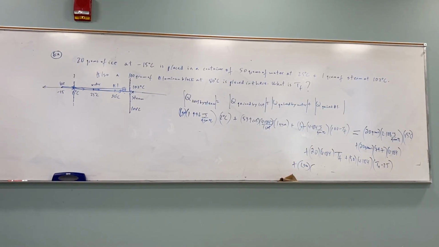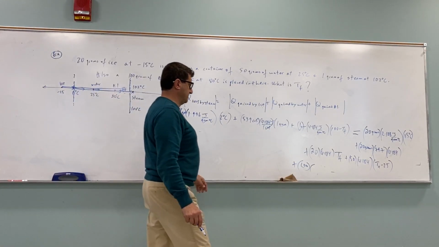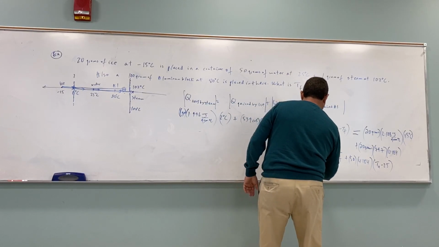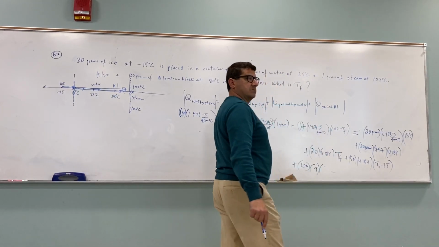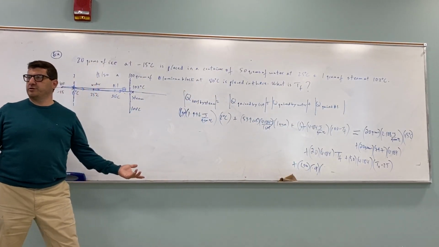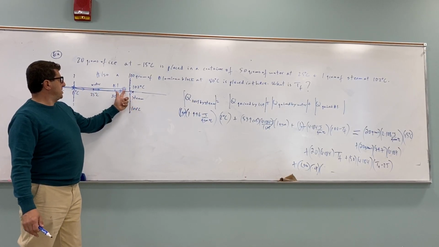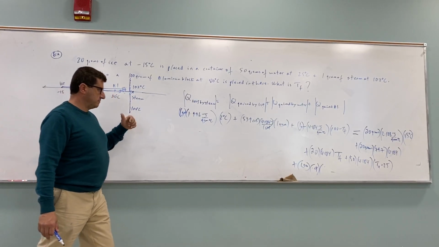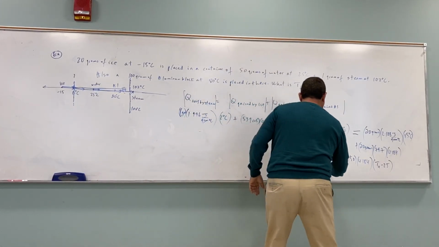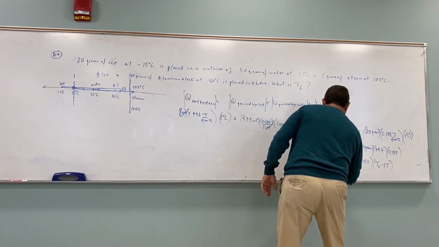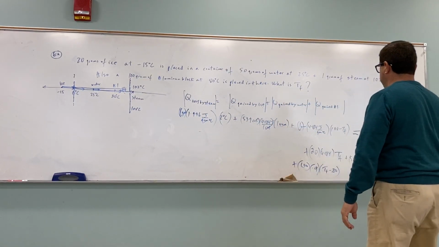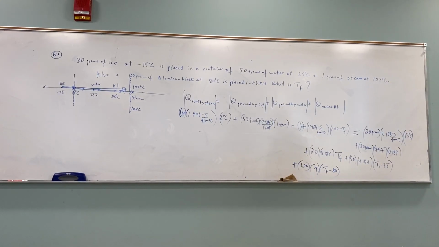See? So 100 times 0.9 times what? What's the change in temperature of the aluminum? TF minus 80. Okay, now multiply all this out.